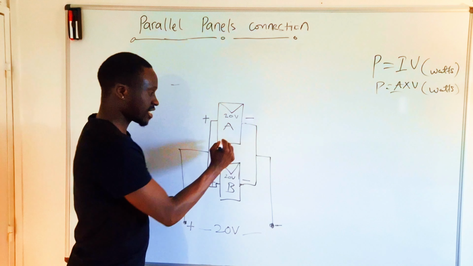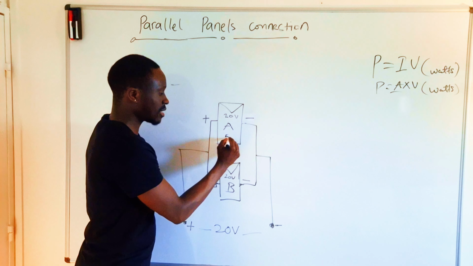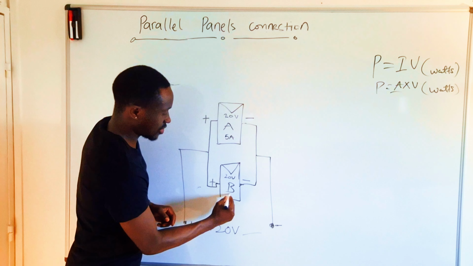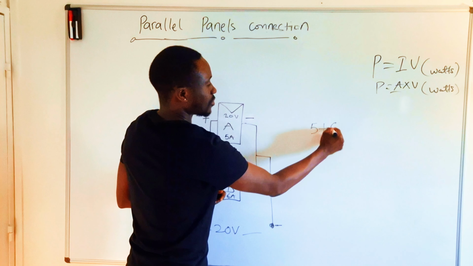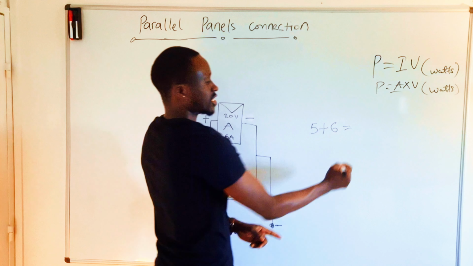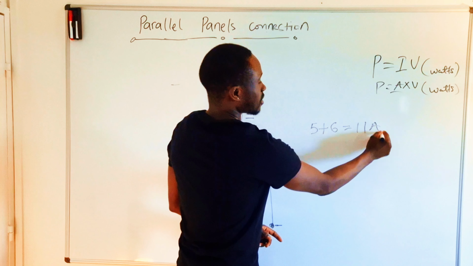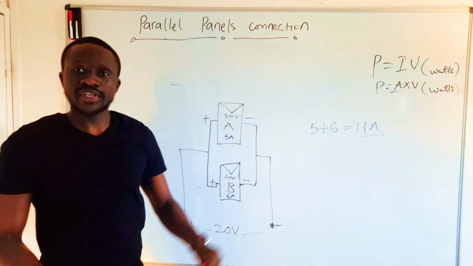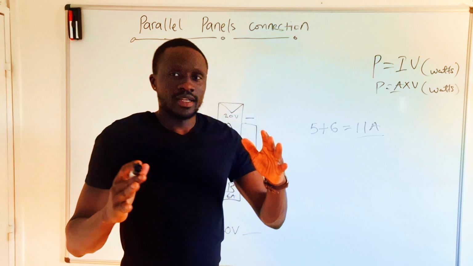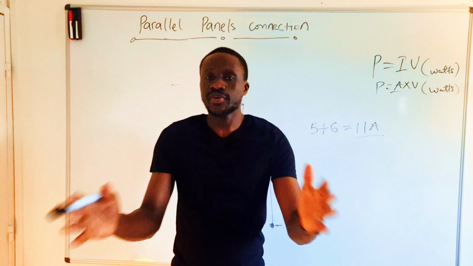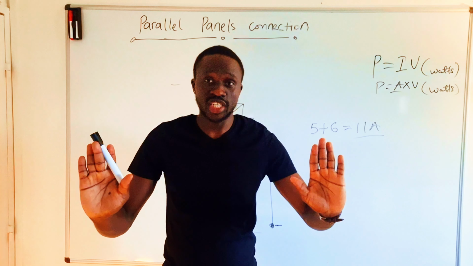But the current, if this is 5 amps, and this is 6 amps, the current will add on: 6 plus 5, that is 11 amps. Current will increase in parallel, whereas the voltages will remain constant, will not change.